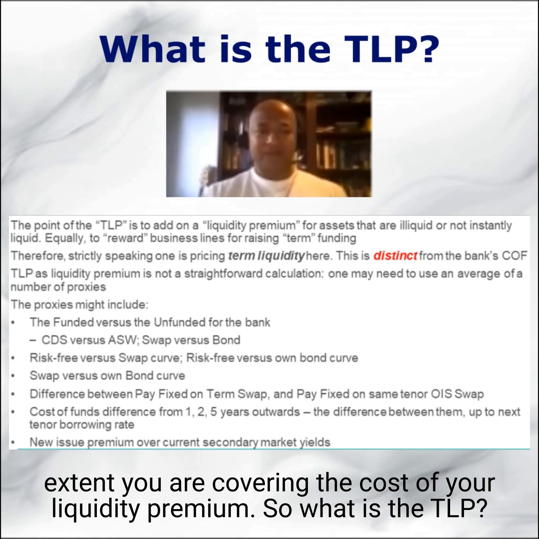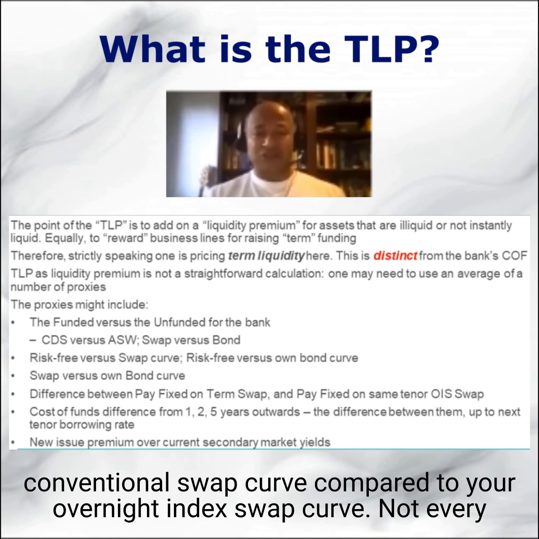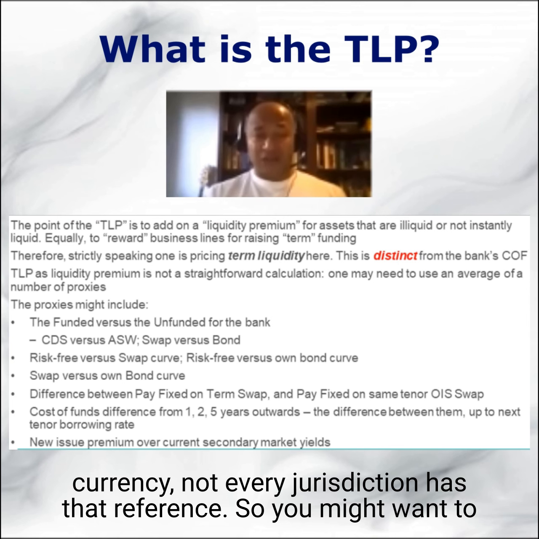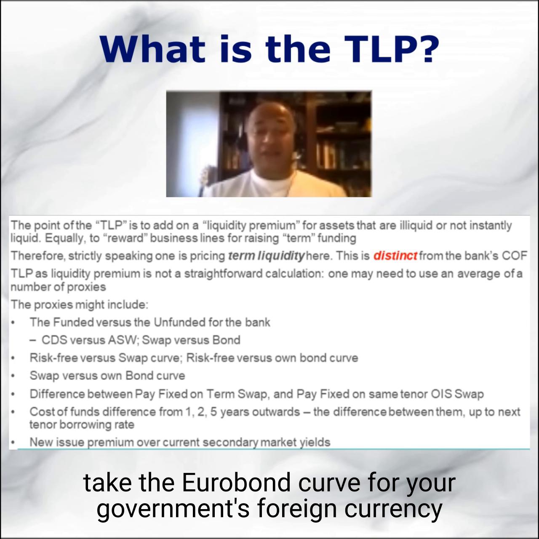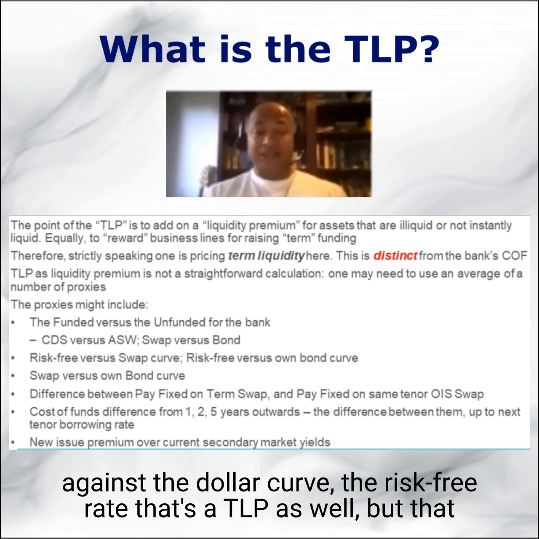So what is the TLP? There are some market proxies we can take. A very good one is looking at your conventional swap curve compared to your overnight index swap curve. Not every currency, not every jurisdiction has that reference. So you might want to take the Eurobond curve for your government's foreign currency borrowing. In other words, the dollar sovereign bond curve against the dollar risk-free curve.